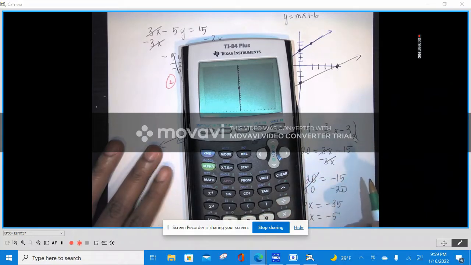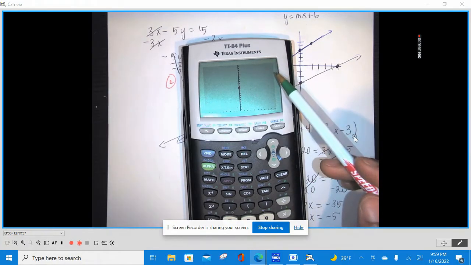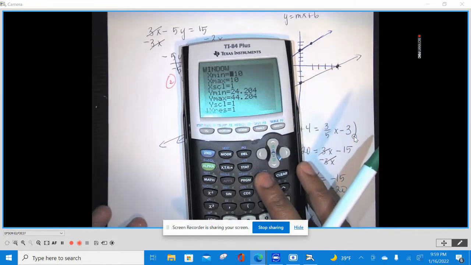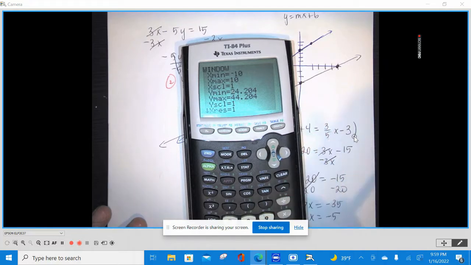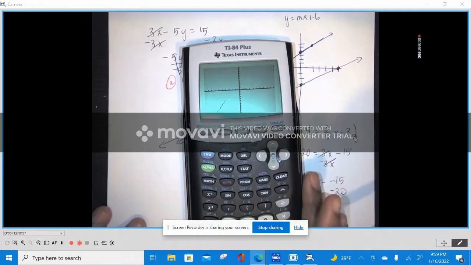It's thinking. Now notice in my case, sorry about this, nothing happened. So what we're going to have to do is go to the window. And I can tell you right now that, see how we're at negative 10 for x, positive 10. We need to change our scale. Then regraph. Now we can see all of it.